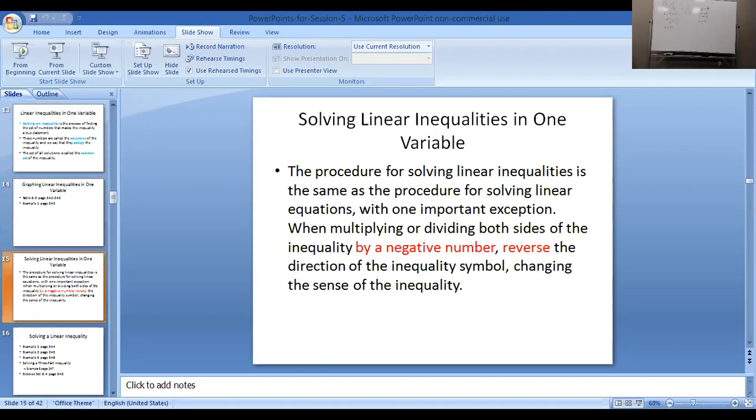If it says, for example, less than 3, but you're going to multiply both sides by a negative number, then change that to greater than 3. Same for division. Just treat it as an equal sign, except if you're multiplying or dividing by a negative number, reverse the direction of the inequality.